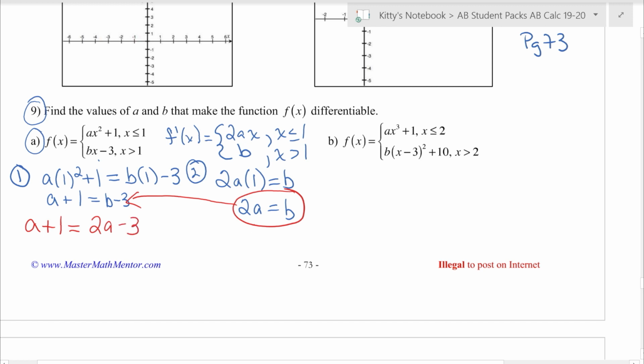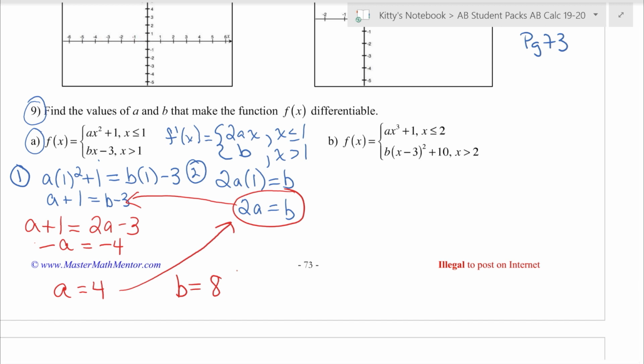Could I have solved this for a and put that in right there? Sure, I could. It doesn't matter who you solve it for, just solve it for one of them. Then I combine this, so that's negative a is equal to negative 4. And so a is equal to 4. Well, if a is equal to 4, then b is equal to 8. So that is the value of A and B that make it differentiable.